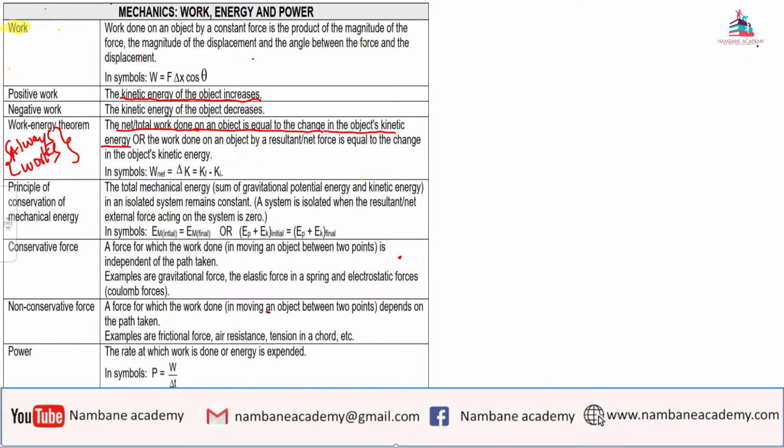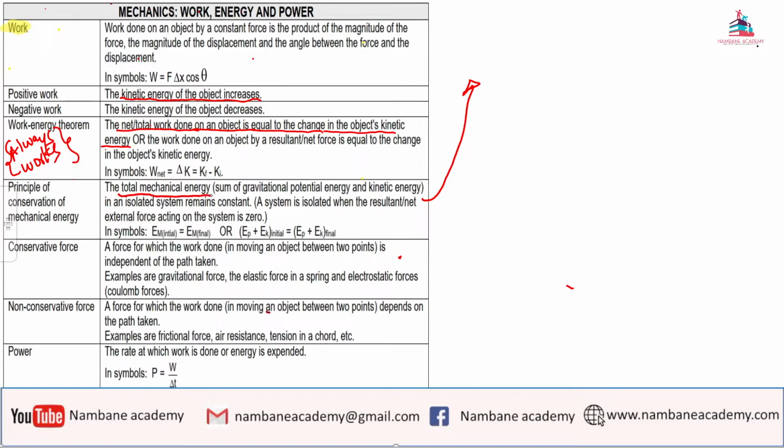So I am going to say, let's write important things about principle of conservation of mechanical energy. It says the total mechanical energy of an isolated system remains constant.